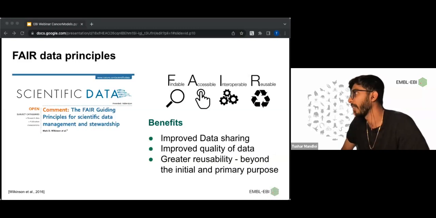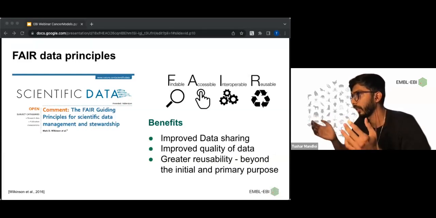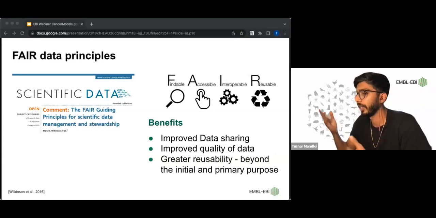What does it mean to be findable? It means that you can look for it over the internet, you can have a link and you can find it. Accessible means you can access that data using a link or a URI. Interoperable means that you can integrate different data types into your analysis pipeline, and reusable means that you can rerun those pipelines over time and you will still get the same or similar output.